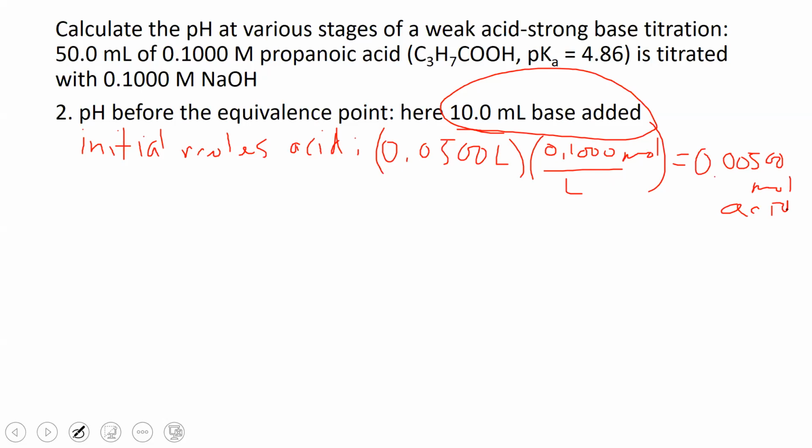The next thing we want to do is, again, this is really similar to how we started our strong acid, strong base titration, because we also want to figure out how many moles of base we added.